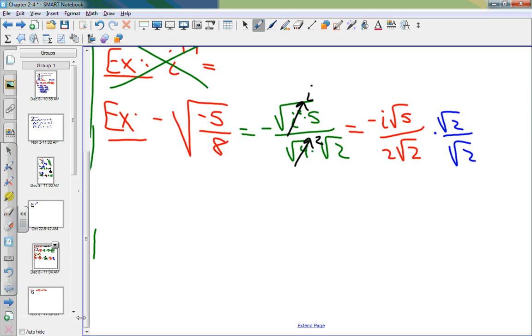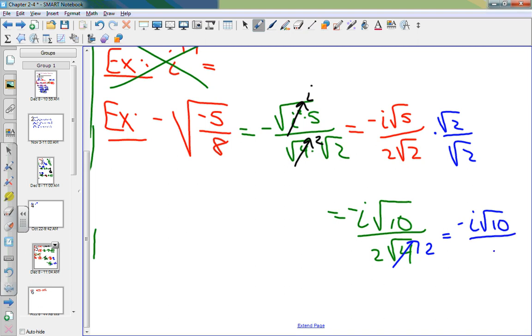So that's going to give me I square root of 10 over 2 square root of 4. I missed my negative there. What is the square root of 4? 2 to give me negative I square root of 10 over 4.